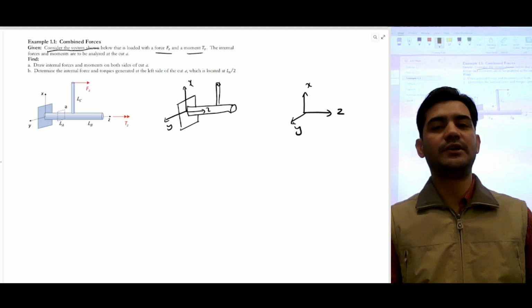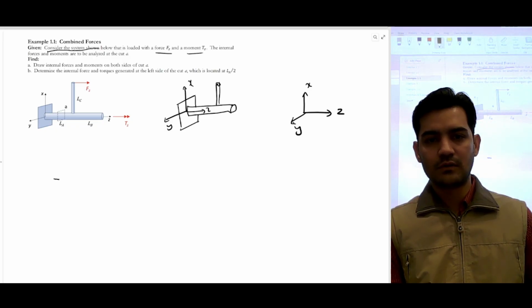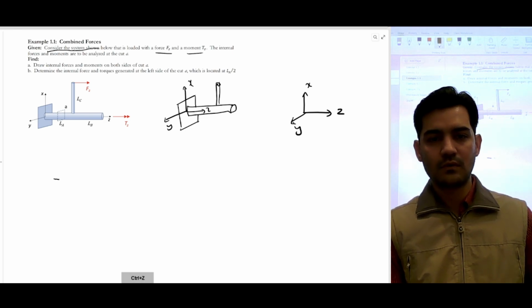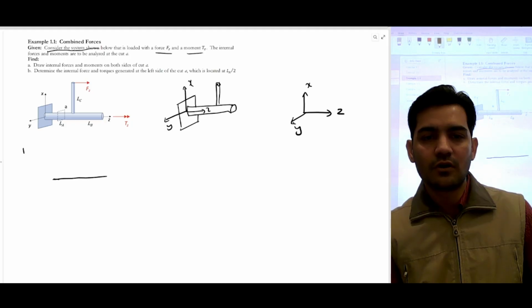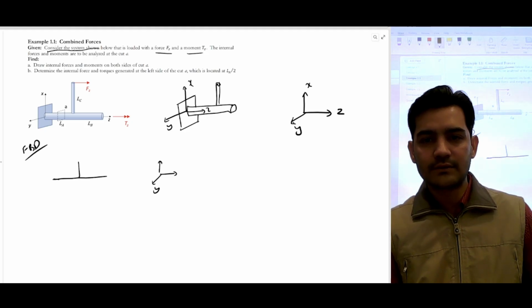So we have to calculate the reactions for this. So let's just draw a free body diagram. This is the y-axis, this is the x-axis, this is the z-axis.